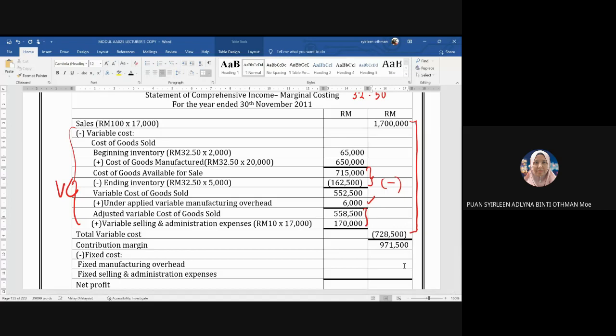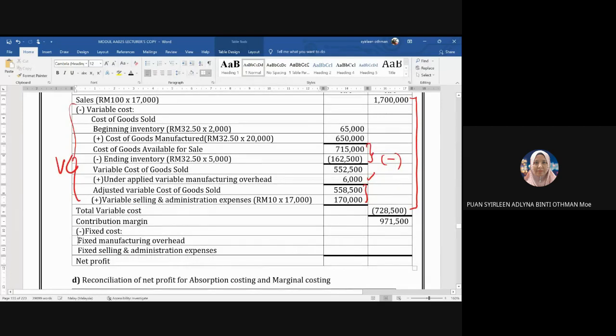Okay, and we will deduct all fixed costs: the fixed cost at the factory and the fixed cost at the office and admin. Okay, fixed cost at the factory means your fixed manufacturing overhead from the question earlier, we will put here. Okay, make sure no items are left out. Okay, and your fixed selling and admin earlier was 170,000, we will put here too. So here the total is 350,000. So you already have your contribution margin.